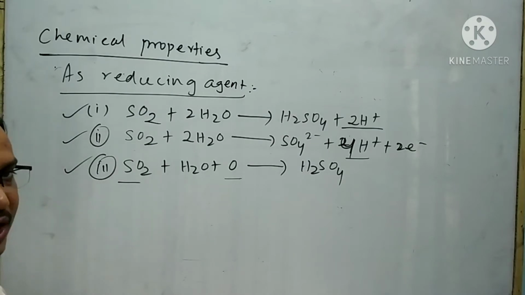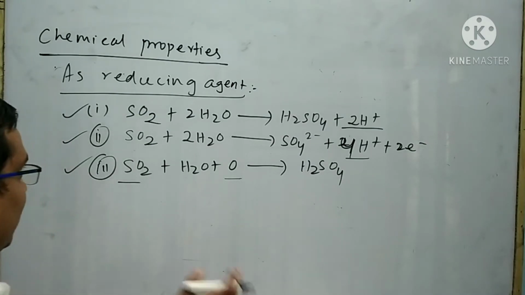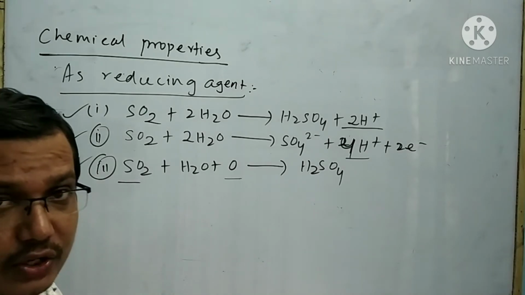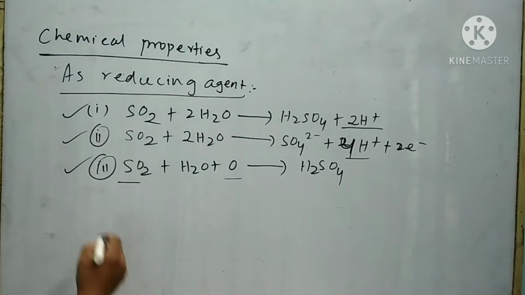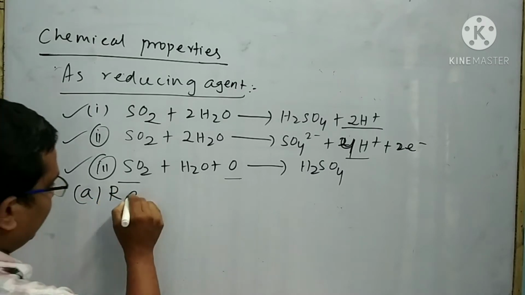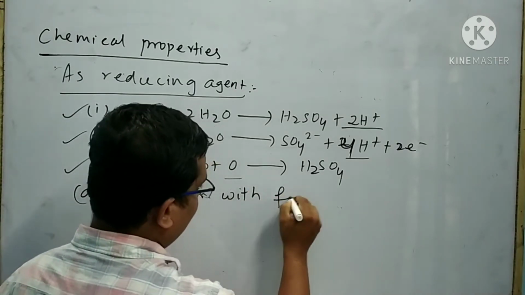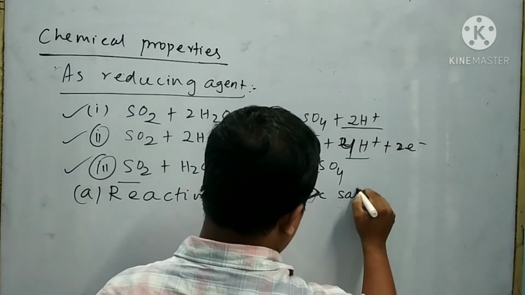Now I will explain some reactions in which SO2 acts as a strong reducing agent. First reaction is the reaction with ferric salt.